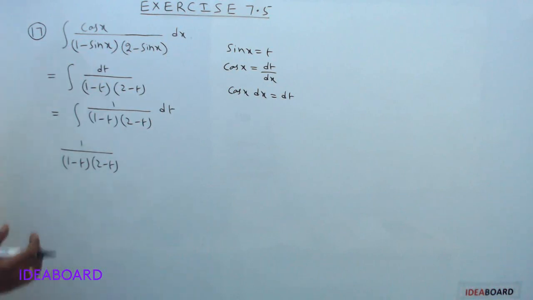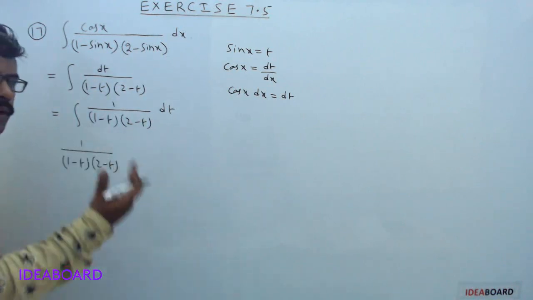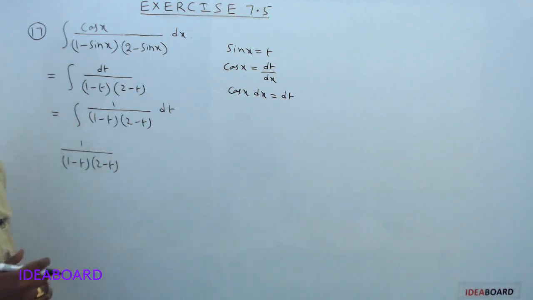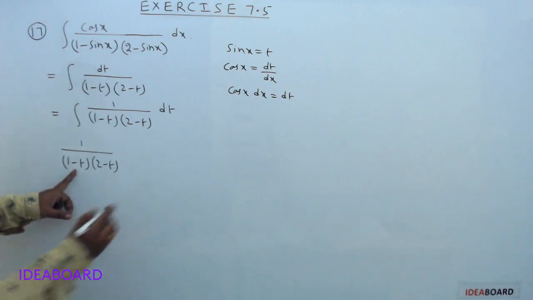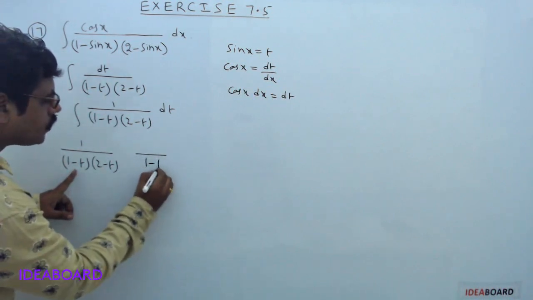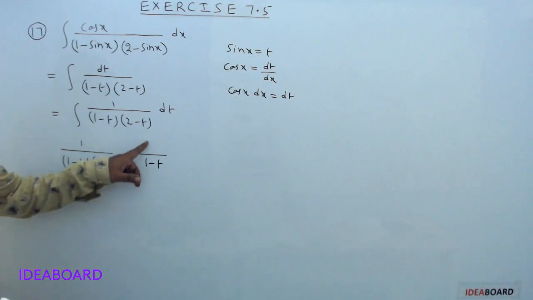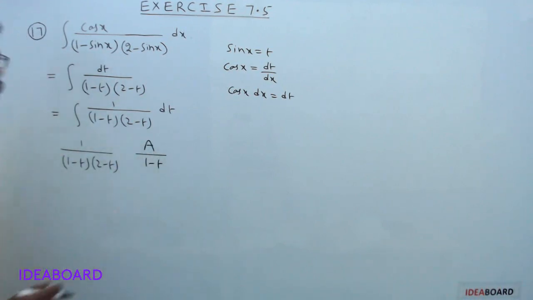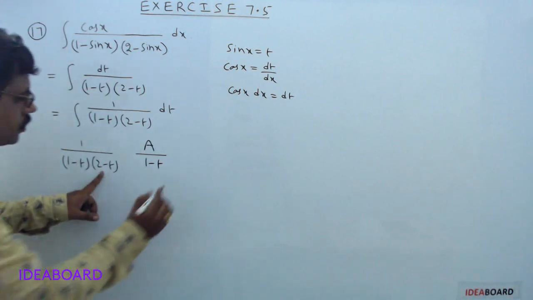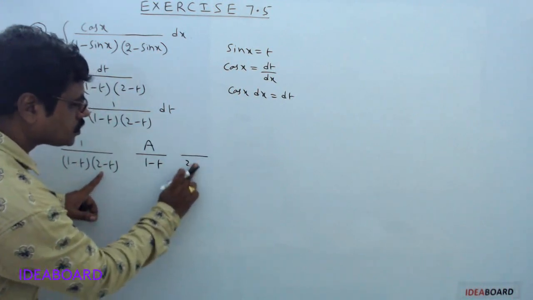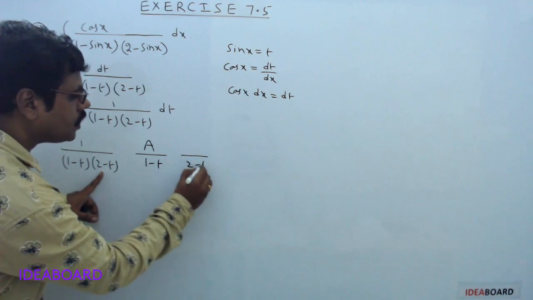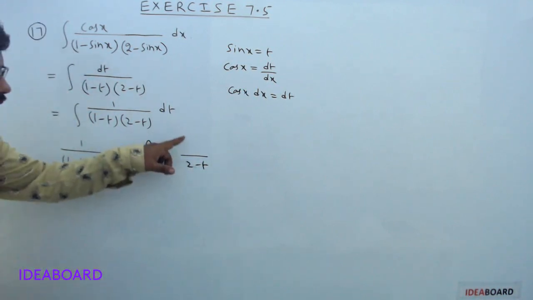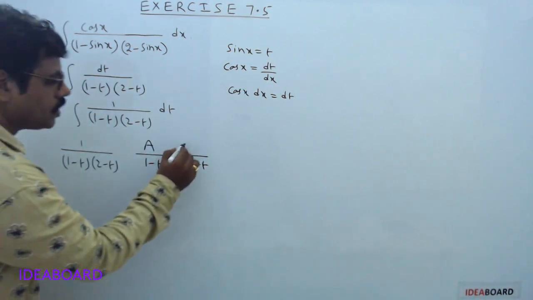Now, how to resolve this fraction into partial fractions? Corresponding to this non-repeated linear factor, there exists a constant term in its numerator. Take that constant term as a. Corresponding to this non-repeated linear factor, there exists a constant term in its numerator.